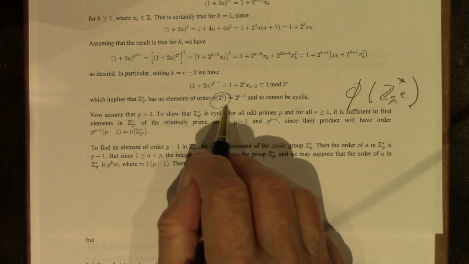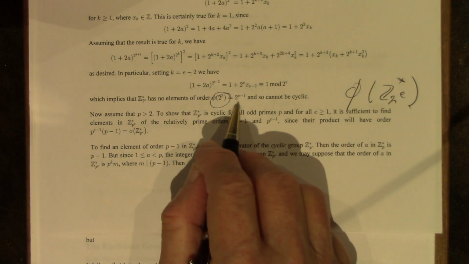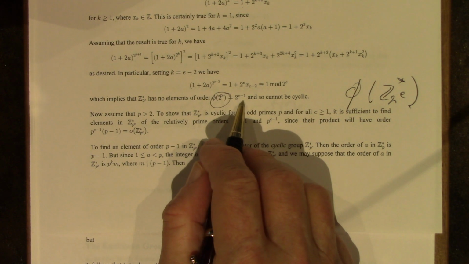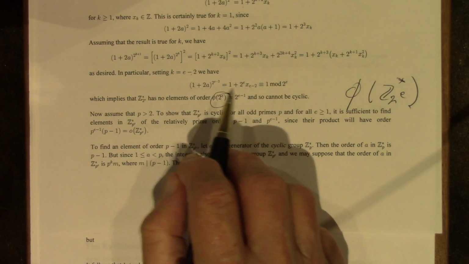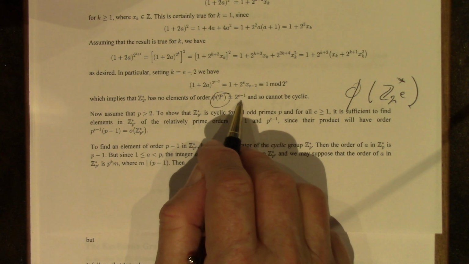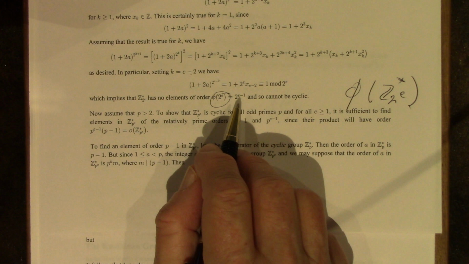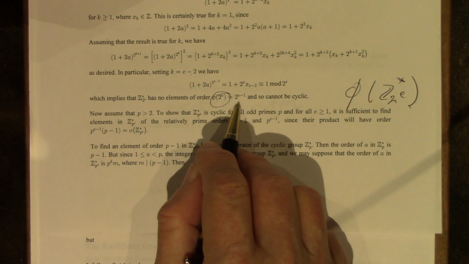So 2 to the E minus 2 annihilates every element of the group, but the group has order, this is where I have to fix this, 2 to the E minus 1. So no element of the group has order equal to the order of the group, which means the group can't be cyclic. It has no generator.